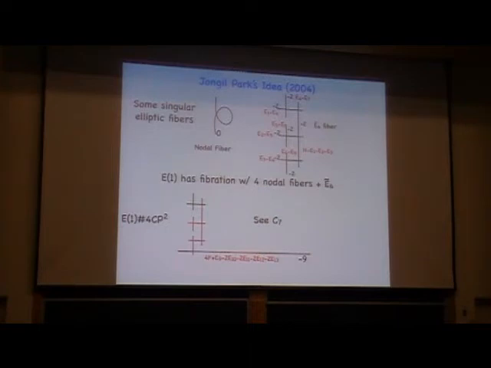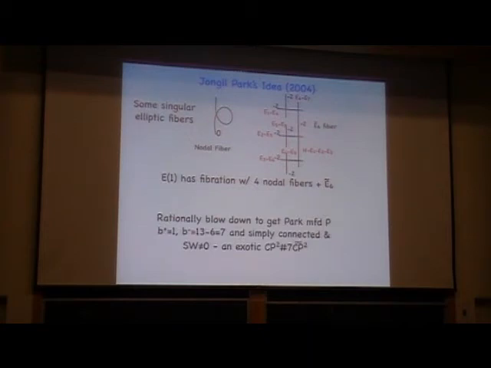Okay, so we've blown up 4 times, so we now have b minus equals 13, but we're going to blow down a configuration of length 6. So now we're going to lower b minus by 6. And what you get is the Park manifold. So this is a simply connected 4-manifold with b plus equals 1, b minus equals 7 now, and with Seiberg-Witten non-zero.